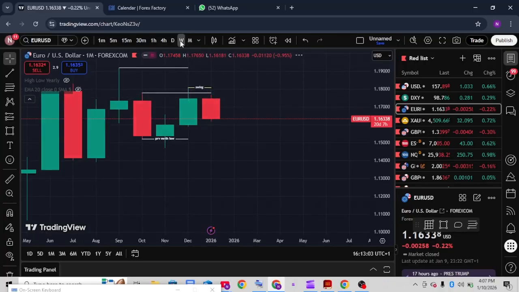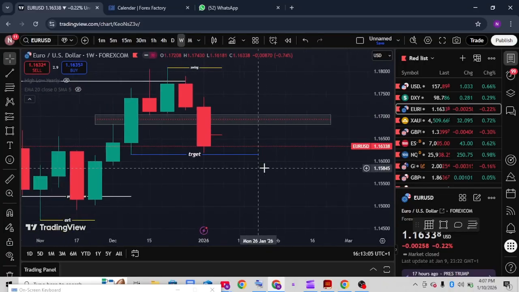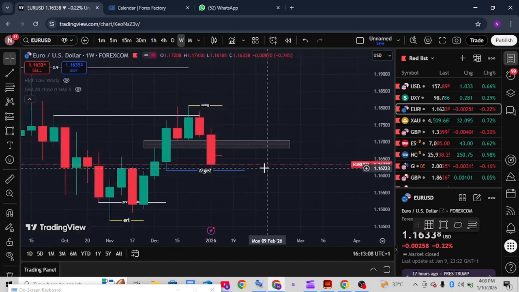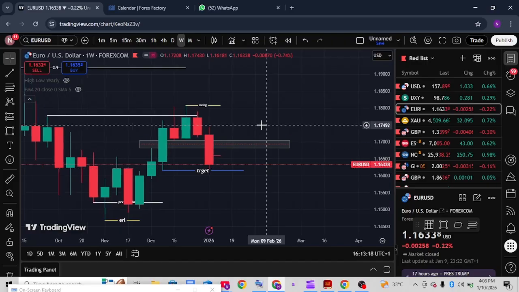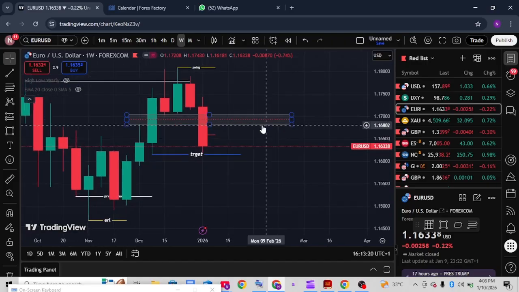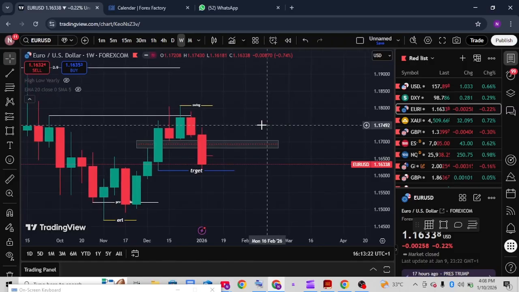So what do we see here? On the weekly, we have a bearish movement.